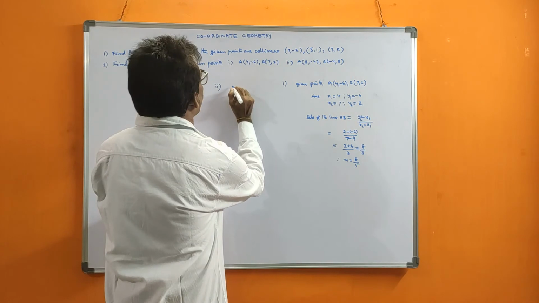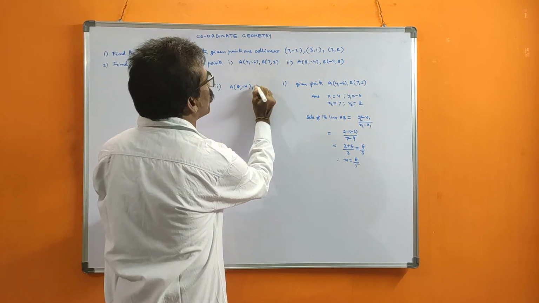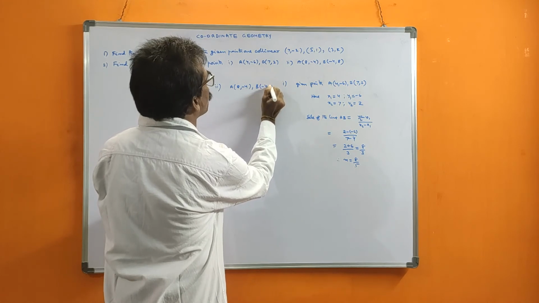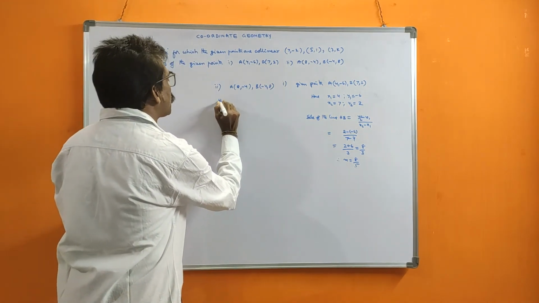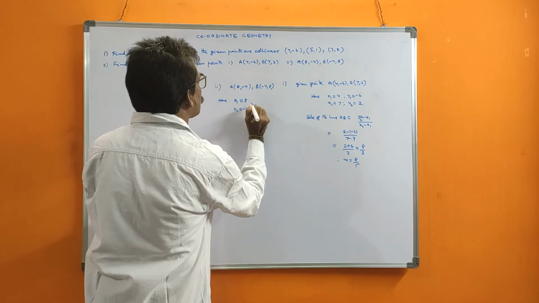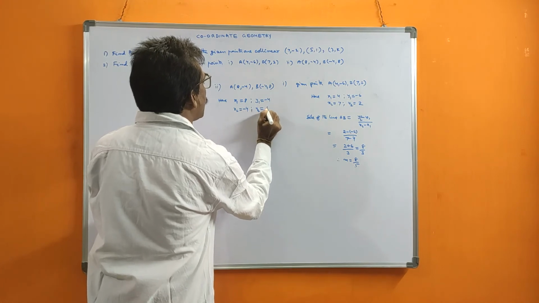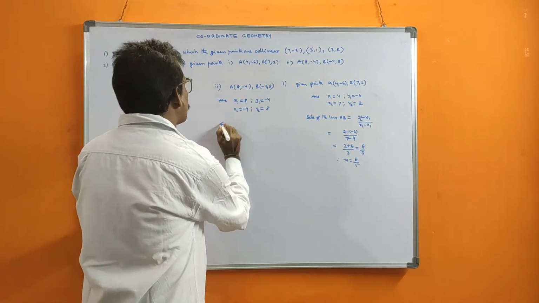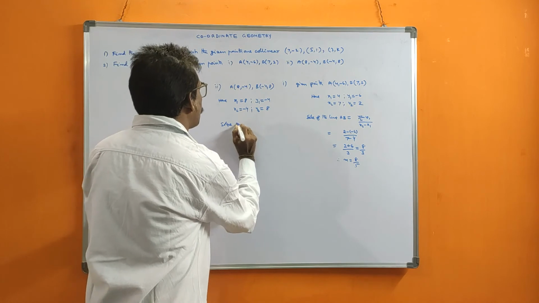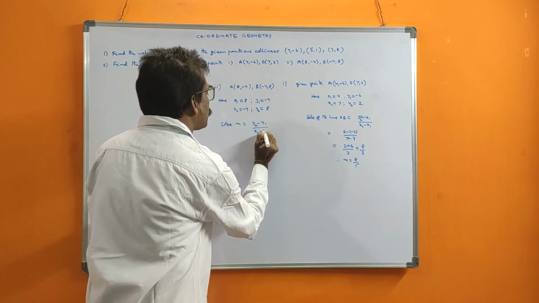Next points are A(8, minus 4), B(minus 4, 8). So for this, here x1 is equal to 8, x2 is equal to minus 4, y1 is equal to minus 4, y2 is equal to 8. Therefore slope m is equal to y2 minus y1 by x2 minus x1.